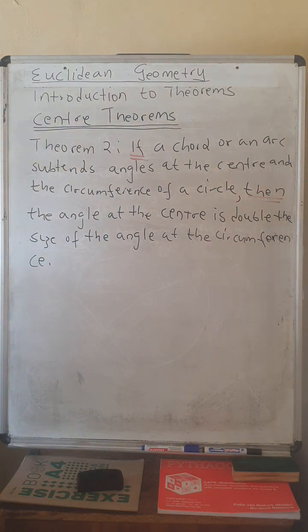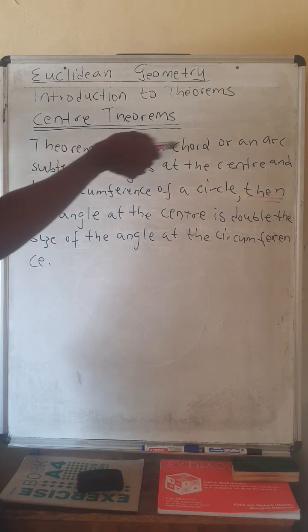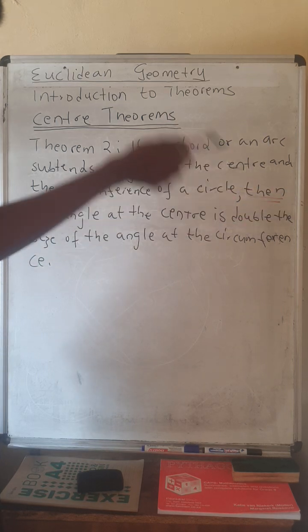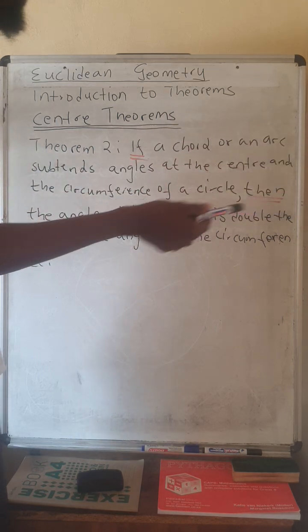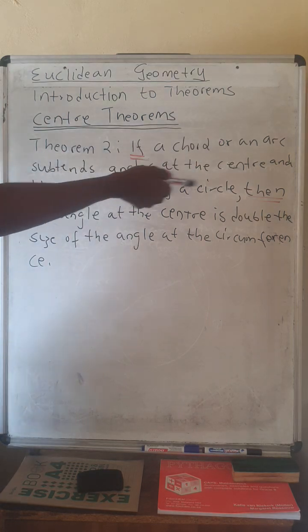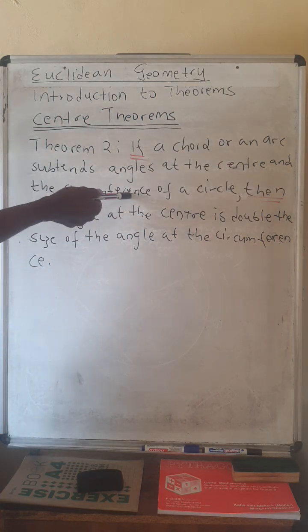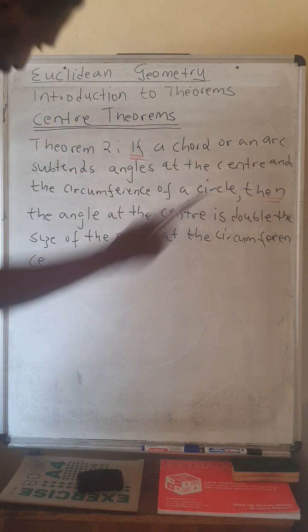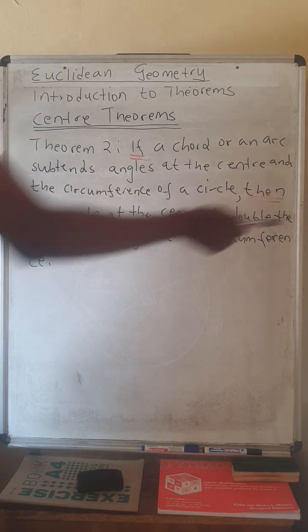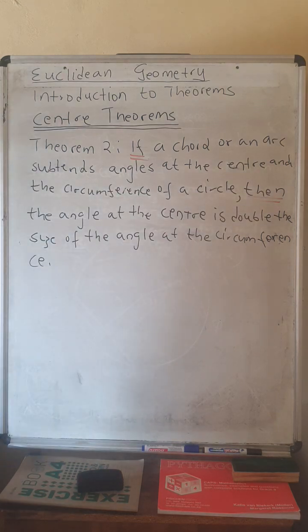So now let us get to it. In this case, what are we having? Remember, we already know the if part represents the condition. So we've got, if a chord or an arc. So it means in this case, you're dealing with a chord or an arc. It doesn't matter. It says that if a chord or an arc subtends angles at the center and the circumference of a circle, then as a result, the angle at the center is double the size of the angle at the circumference.